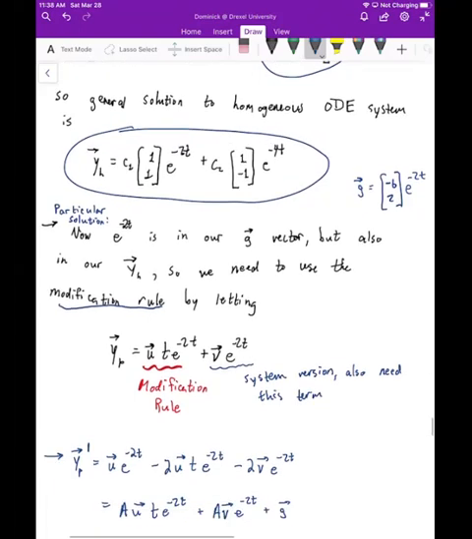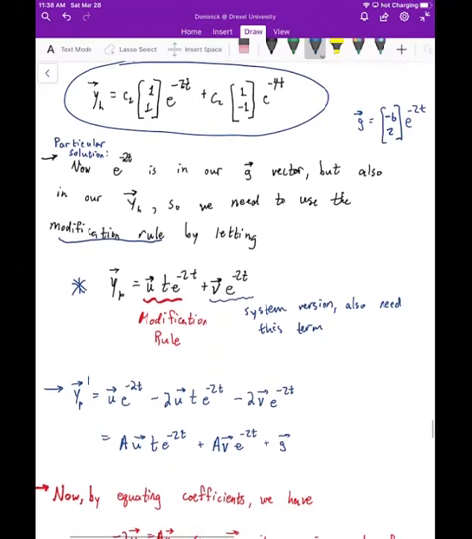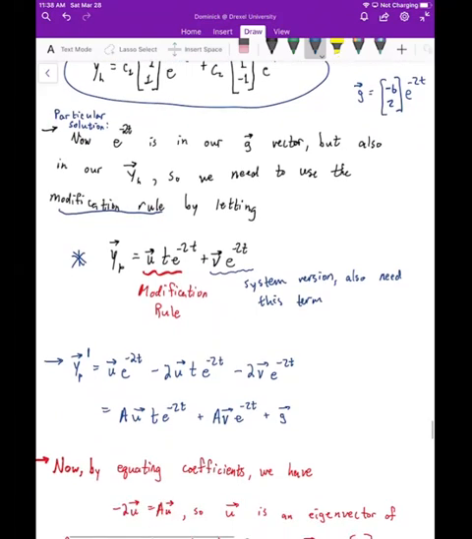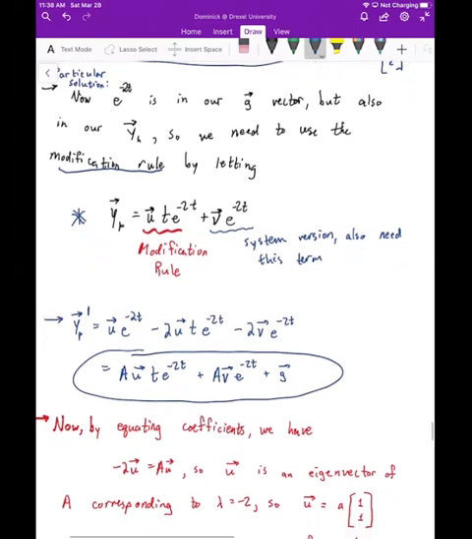Okay, so now if we take the derivative of both sides of this equation here, we'll get y_p prime, right? And then we have to do some product rule, and we'll find that we get that y prime is equal to this once we substitute our Au in for the different equations here, right?